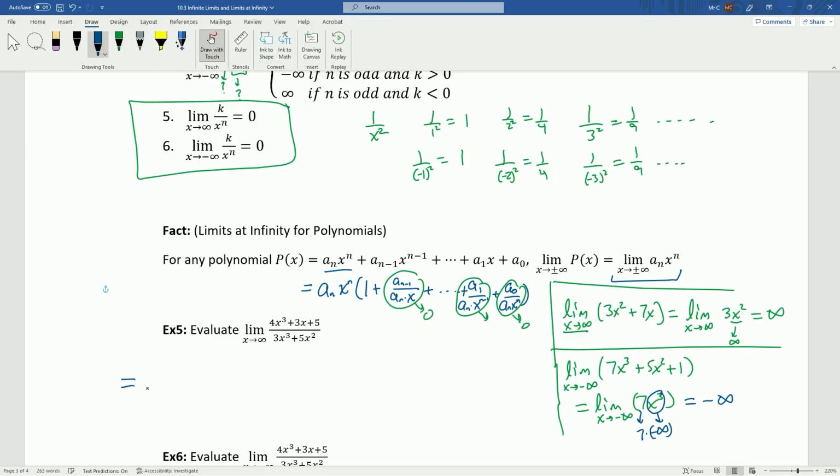So what I'm always going to do for these types of problems, where x approaches plus or minus infinity and you get a rational function here, I'm going to multiply the top and bottom by 1 over the highest power of the denominator.